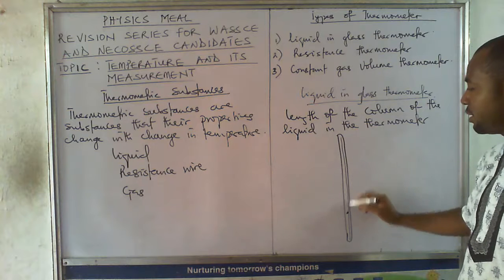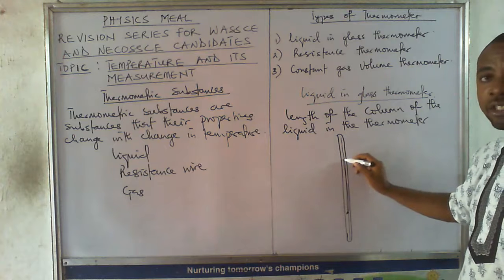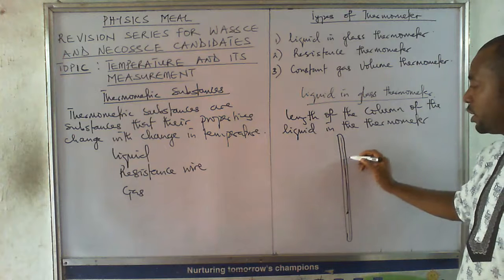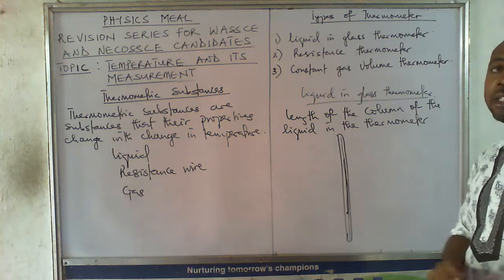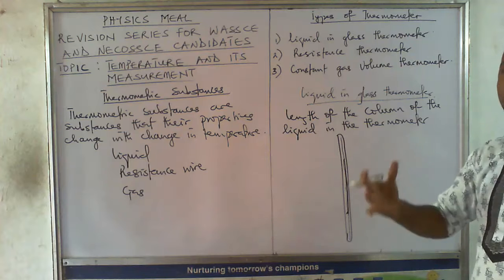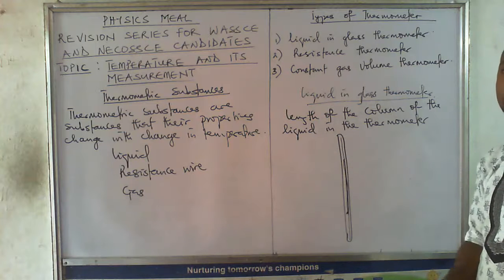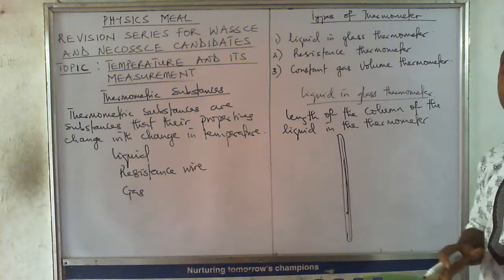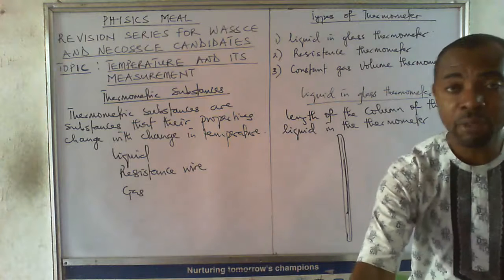If you are increasing the temperature, the length of the liquid will continue to rise. If you decrease temperature, then the liquid will begin to fall inside the thermometer. So it is the length of the liquid column that we use in the measurement of temperature in a liquid in glass thermometer.